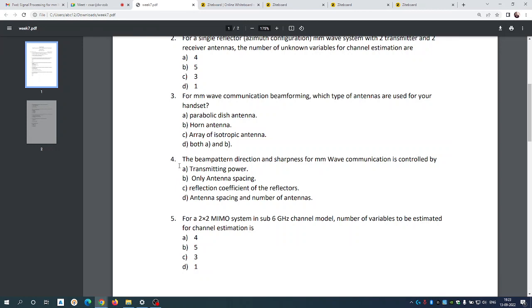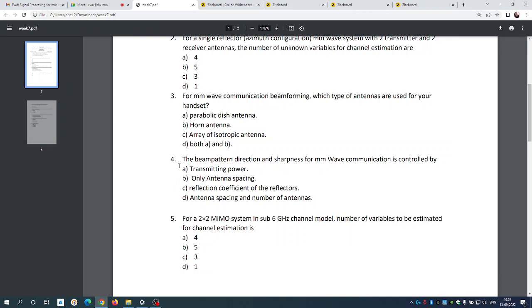So the third option is reflection coefficient of the reflectors. What is reflection coefficient of the reflectors? There could be some reflector in nature, and we don't have any control over the reflectors here. The reflection coefficient of the reflectors may change your beam pattern or sharpness, but that is unknown to us.